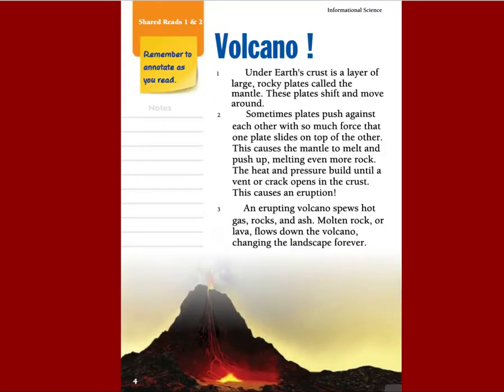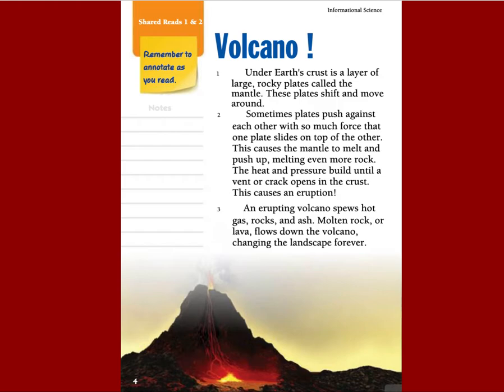Ready? Volcano. Under Earth's crust is a layer of large rocky plates called the mantle. These plates shift and move around. Sometimes plates push against each other with so much force that one plate slides on top of the other. This causes the mantle to melt and push up, melting even more rock.